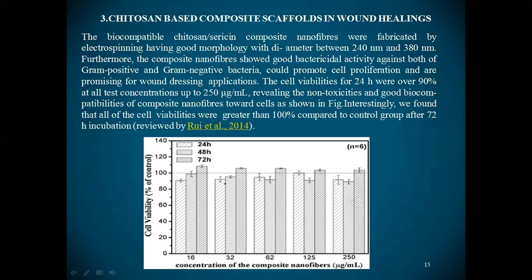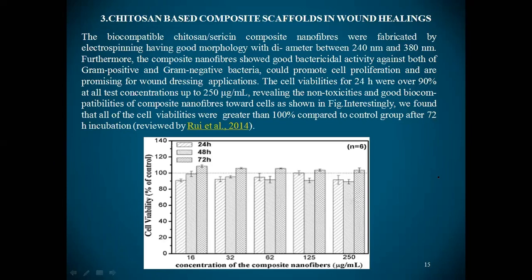In this diagram, 24, 48, and 72 hours respectively, 16, 32, 62, and up to 250 microgram per ml concentrations are used. In this study, after 72 hours, the cell viability is above the 100% control, compared to 24 hours and 48 hours.